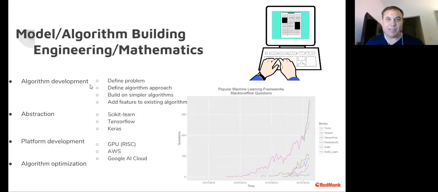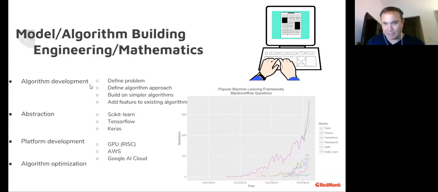The first thing was, okay, we had a problem. Somebody said, okay, I want to predict this. We didn't just develop these algorithms without there being a problem already. A big example would be numerical recognition.